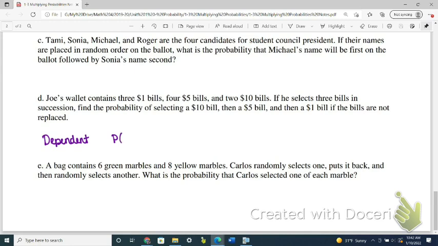The probability of pulling $10, then $5, then $1. To begin with, he has 9 bills in his wallet, 2 of which are $10. Now he only has 8 bills left, 4 of which are $5. Now he only has 7 bills left, 3 of which are $1. So you get 24 over 504, which is 4.8%.